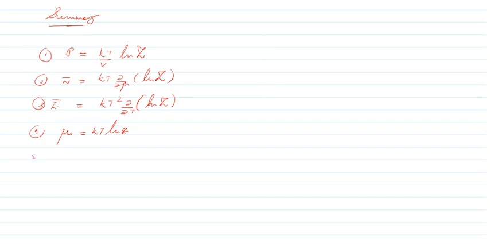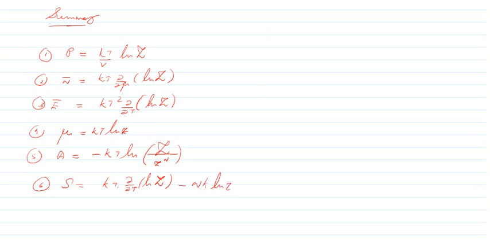The fifth one, the Helmholtz free energy of the system is equal to minus kT log of grand partition function Z divided by fugacity raised to N. Similarly, we got an expression for the entropy, kT dou by dou T of log Z, the grand partition function, minus Nk log of fugacity plus k log of the grand partition function. So these are the equations of interest for a system in the grand canonical ensemble.